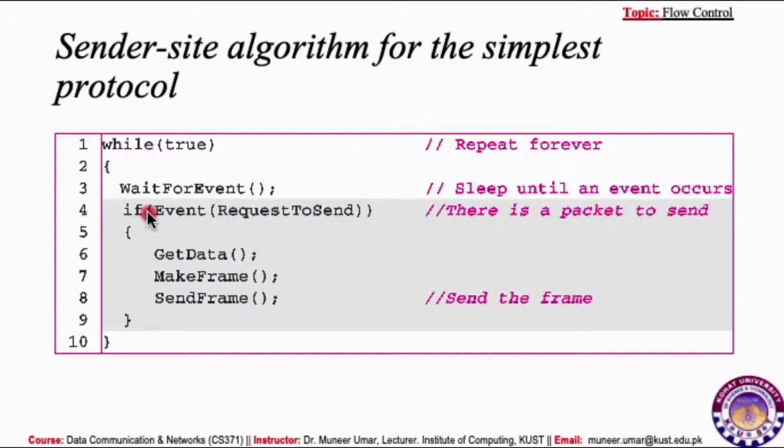We have written pseudocode for the main process. We do not show any details for the modules get data, make frame, and send frame. There are many things inside these modules, but we are not going into the depth.